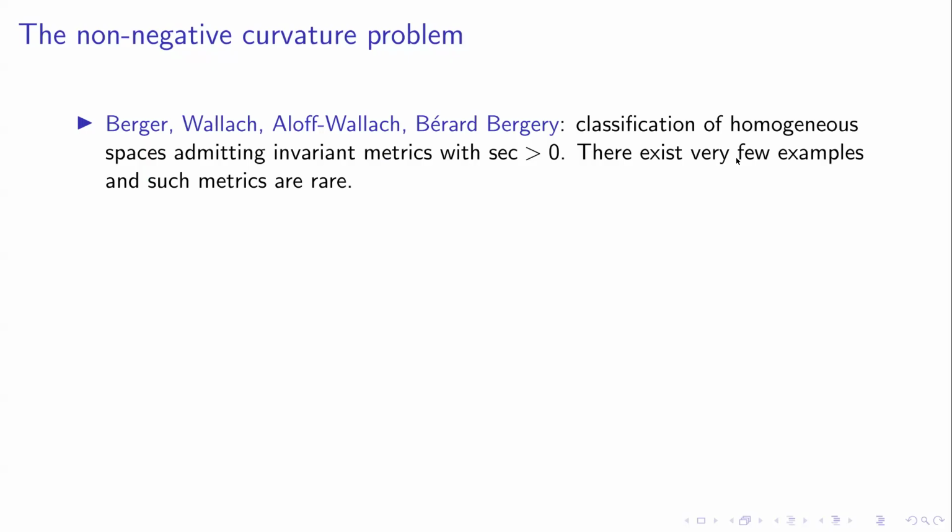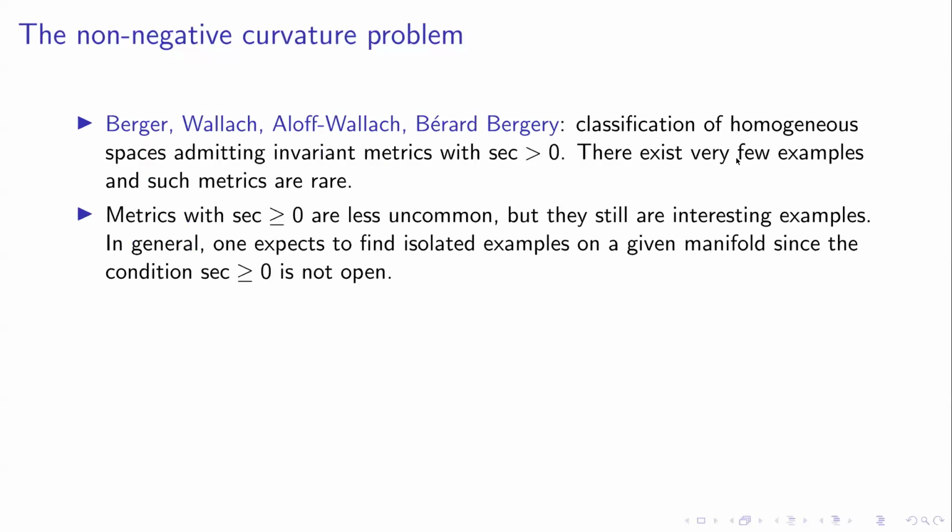These are very few examples, and such metrics are rare. If we relax the restriction and consider metrics with non-negative sectional curvature, these metrics are less uncommon, but they are still interesting. In general, you cannot expect to find a curve of these metrics because the condition of non-negativity is not an open condition.